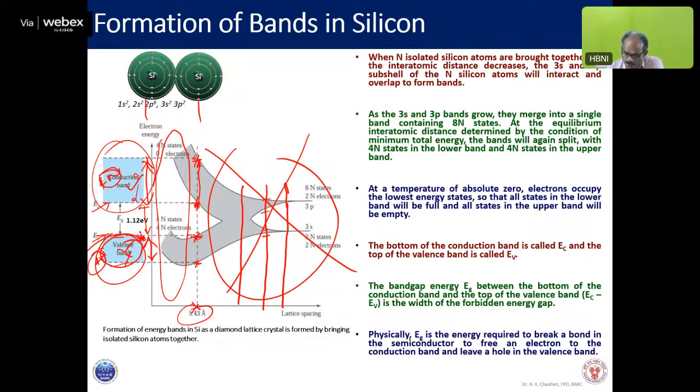So physically, the band gap energy Eg is the energy required to break a bond in the semiconductor to free an electron into the conduction band and leave a hole in the valence band. So you require this much energy in order to break the bond.